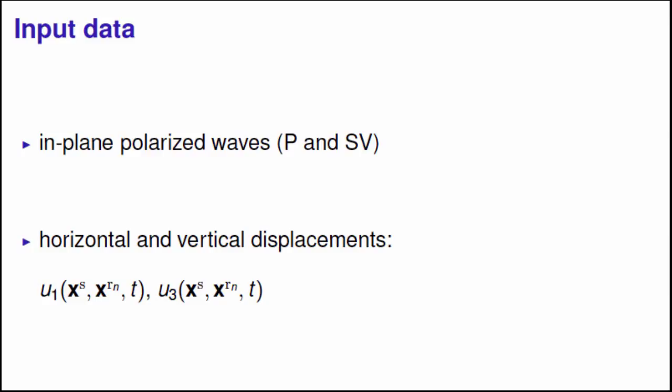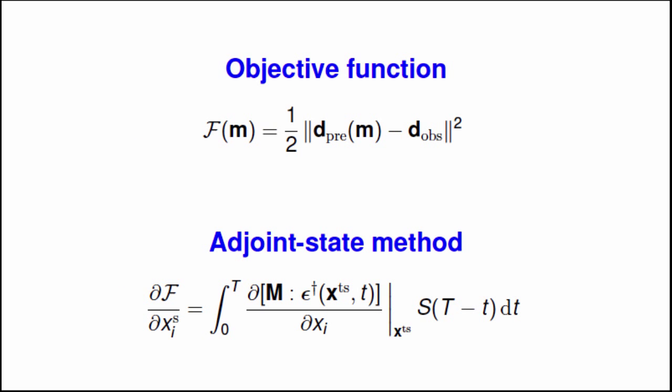At the receiver locations, we record the horizontal and vertical displacements U1 and U3, which are used for our inversion. The first equation here shows the objective function that we minimize, the L2 norm of the data difference between the observed and predicted data.